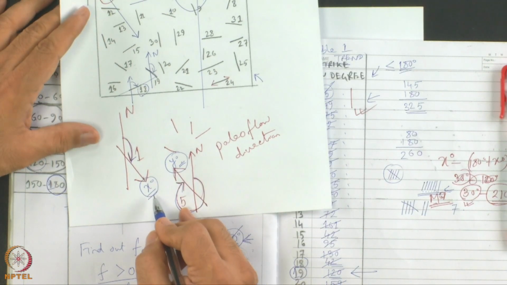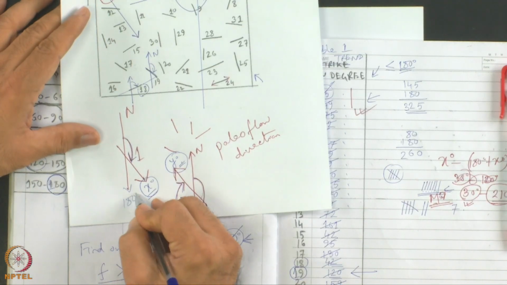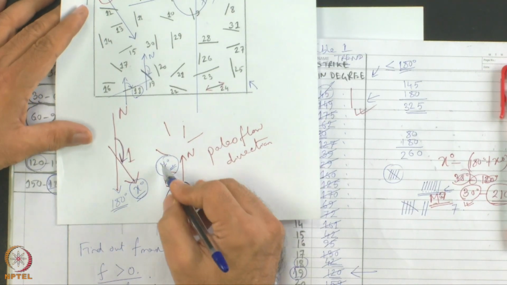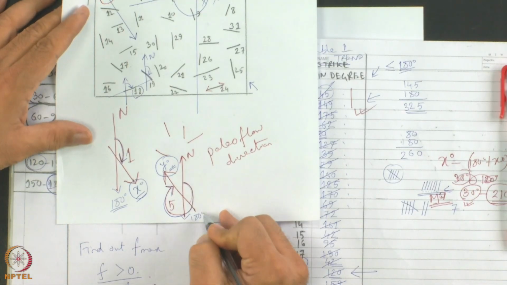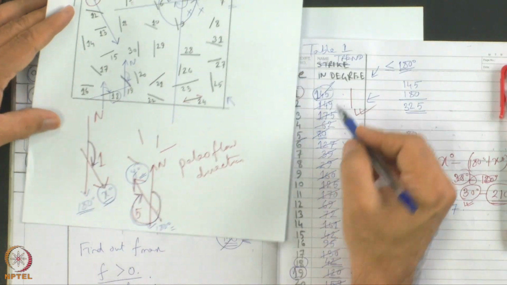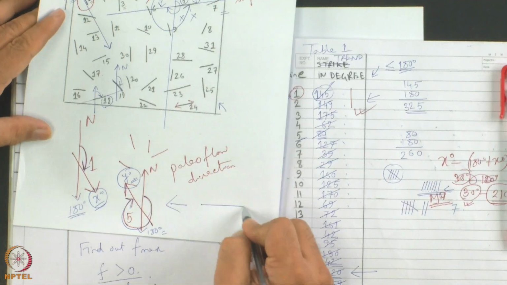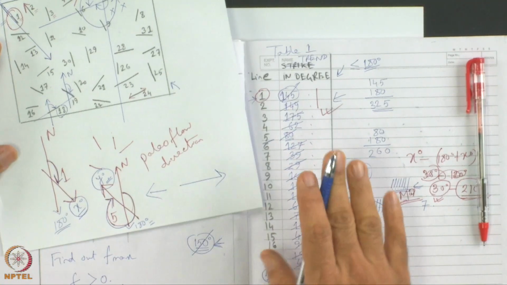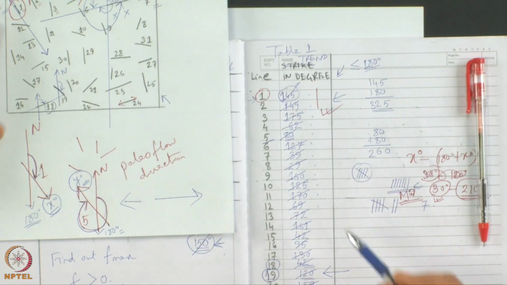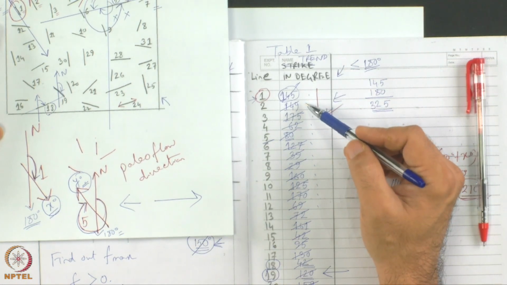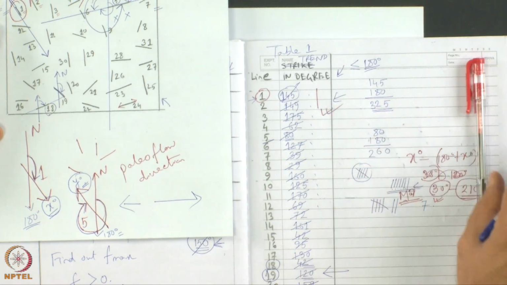X degree is less than 180 degree, and this y degree is certainly more than 180 degree because this is the 180 degree or the south direction. So, in such diagrams, if it is translated into table 1, the numbers can vary from 0 to 360 degree. It need not be restricted to less than or equal to 180 degree.